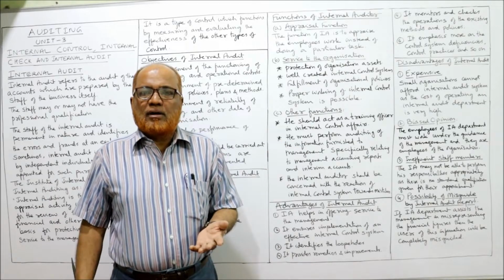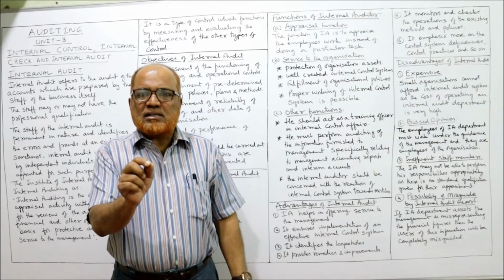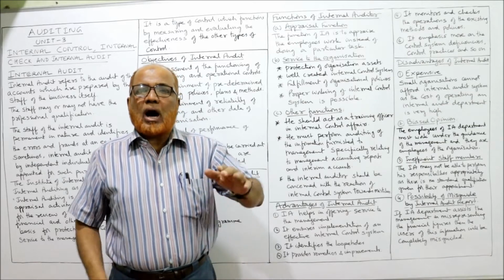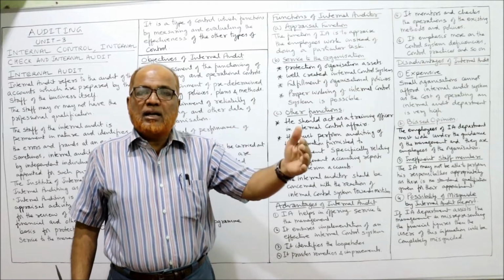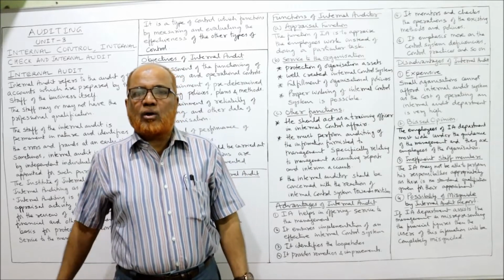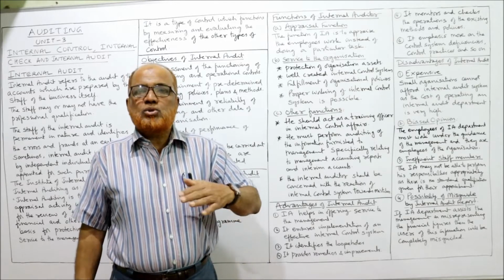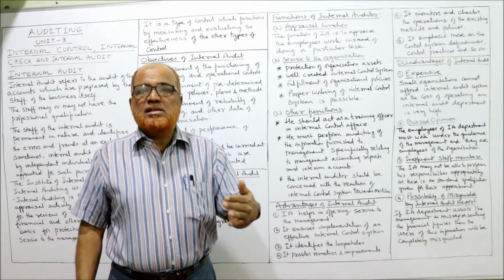They are not doing the work. That means I am the internal auditor, I am not doing a particular task. My job is to appraise how the other departments are doing the work, how the accountant is maintaining the accounts, how the other system is functioning. So my job is to appraise, the appraisal function.